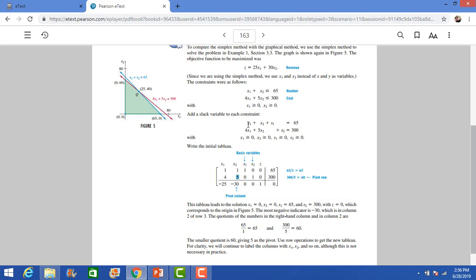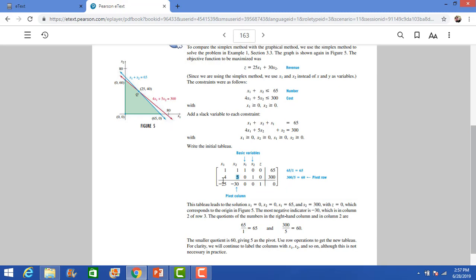So our first inequality becomes our first equation, and our second constraint becomes this equation, and so we have the two slack variables. Then we have to add that x1 and x2 are positive, which was given to us, but also S1 and S2 are greater than or equal to 0. Now using these two constraints, we set up our tableau.